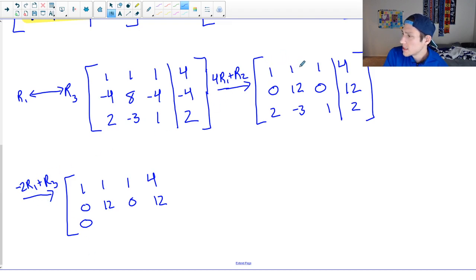Negative 2 times 1 is negative 2. Negative 2 plus negative 3 is negative 5. Negative 2 times 1 is negative 2. Negative 2 plus 1, negative 1. Negative 2 times 4 is negative 8. Negative 8 plus 2, negative 6.